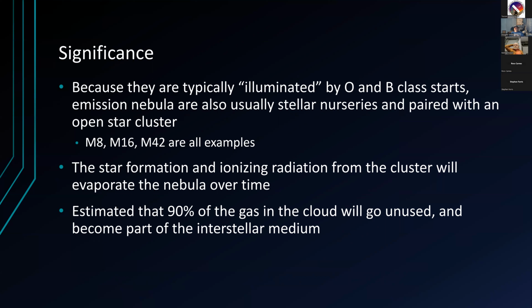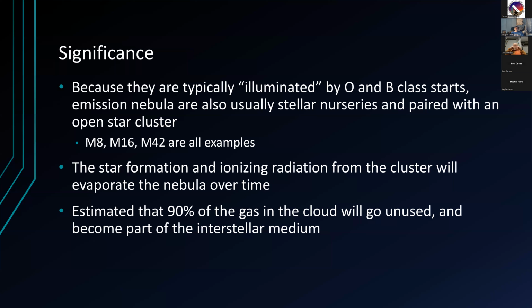So the emission nebula itself is often forming new stars within it. For those who have seen the Lagoon Nebula M8, the Eagle Nebula M16, and the Great Orion Nebula M42, these are all classic examples of this. These are all star-forming regions and also all emission nebulas.